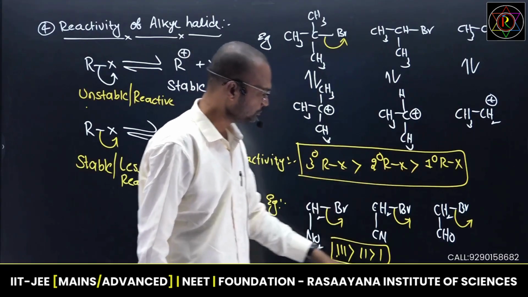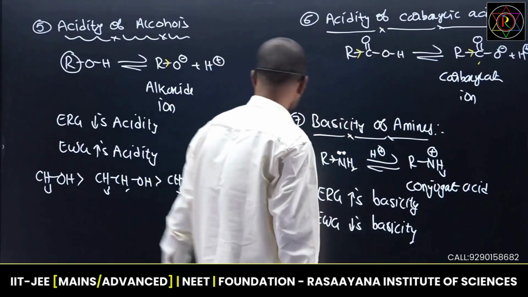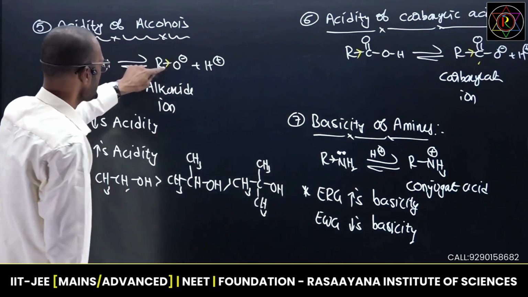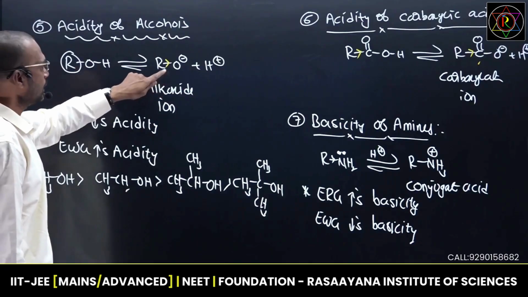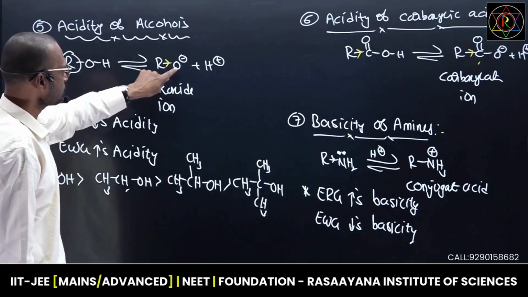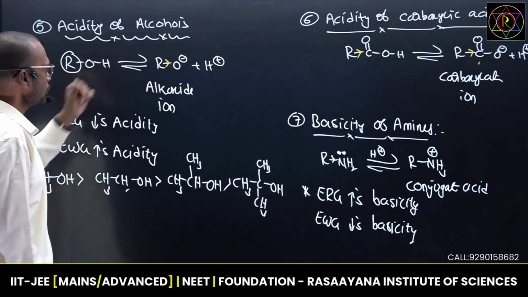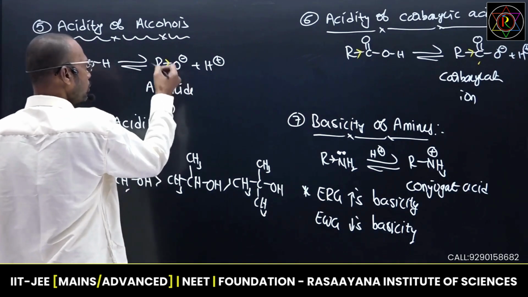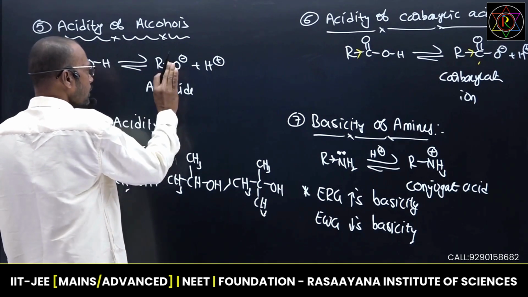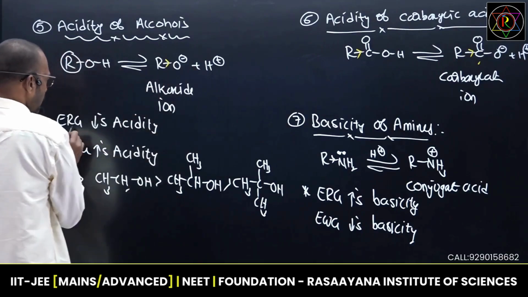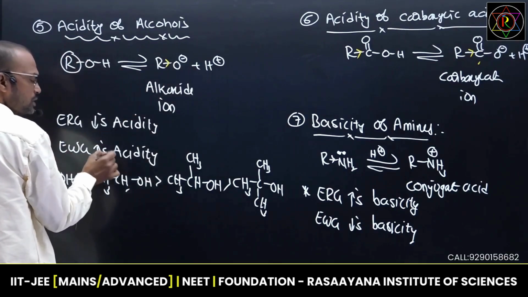Here also same. Then finally, acidity depends upon stability of the conjugate base. After forming a conjugate base, if it is stable, the acid is more acidic. So we know that they carry more electron density. If this group releases electron density, it becomes unstable. So I can say releasing groups decrease acidity, withdrawing groups increase acidity.